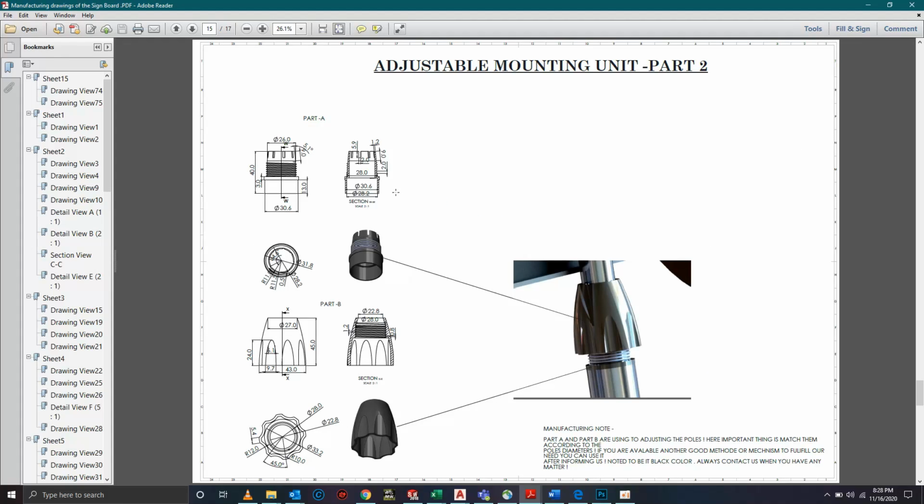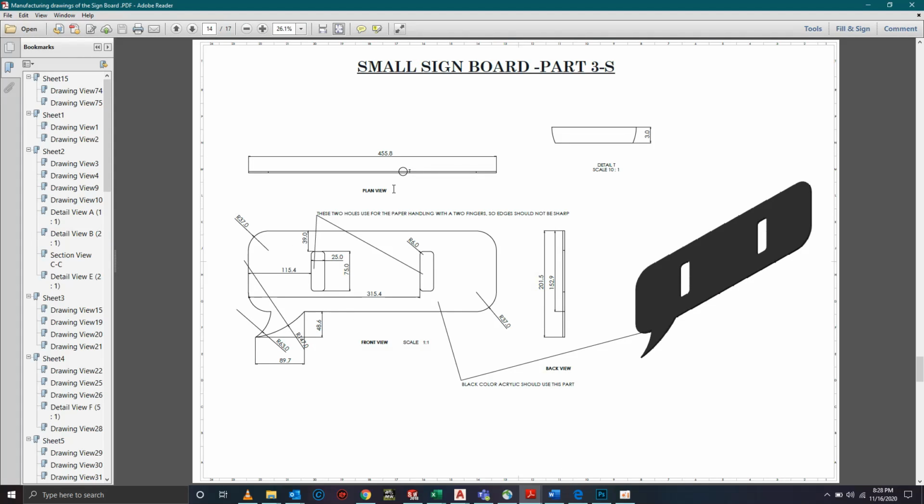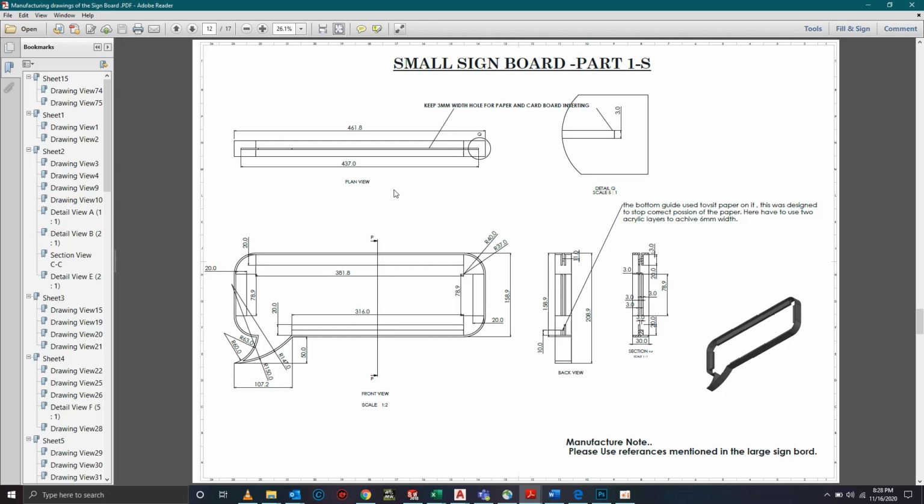We all know this language is a universal thing, and in the engineering world we should use engineering drawings, because our idea is to communicate 100% to the supplier, and the supplier can understand these drawings.